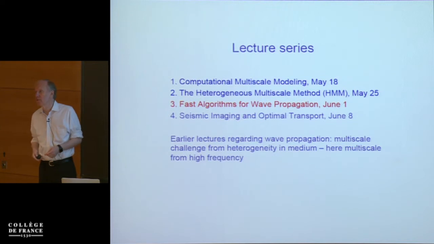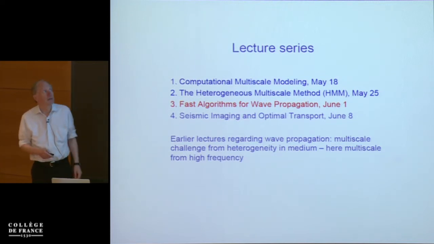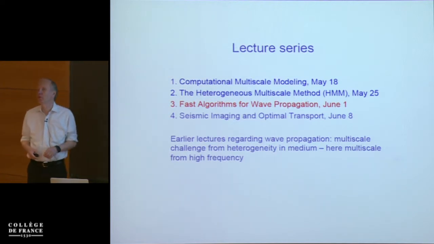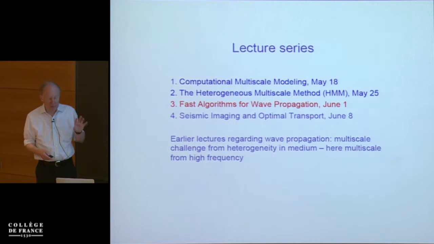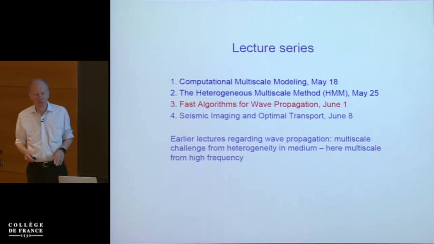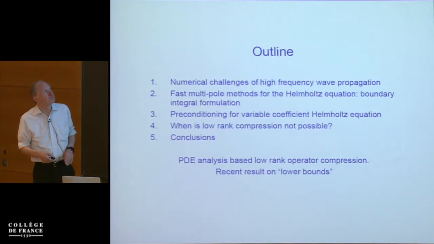That is the boundary condition and the initial condition in the problem. That's a more common problem for wave propagation. So the challenge now is high frequencies in the setting, and that's what causes a lot of problems.